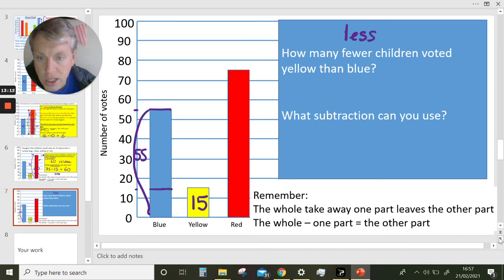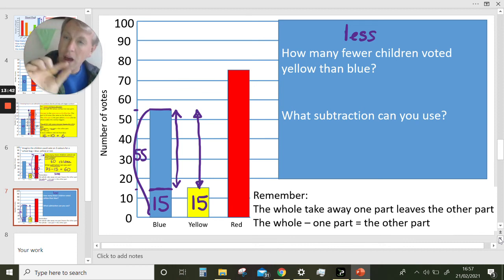This part, which is the same as the yellow, the same, those two numbers are the same, and then this part here, which is more for the blue, but also this is the same gap, which shows how many fewer. Now, how many more and how many fewer are really the same question, because it's showing the same gap.